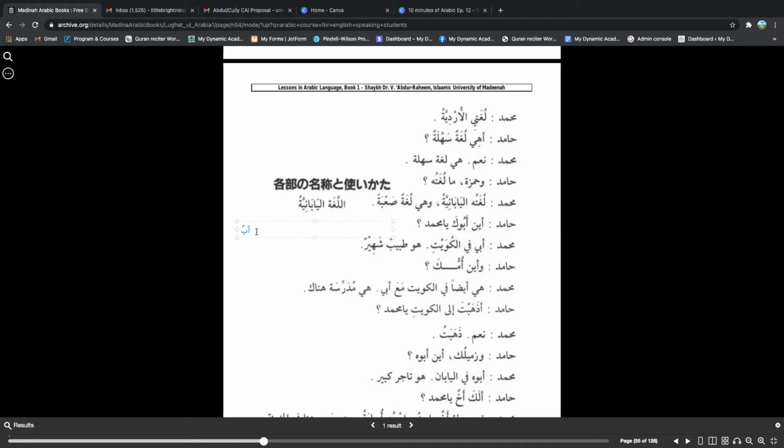So when we add a possessive pronoun to it, like the kaf with the fatha, you, masculine, then you wouldn't write it like, let me see. It would be a mistake to write it like this. Abuka, right?